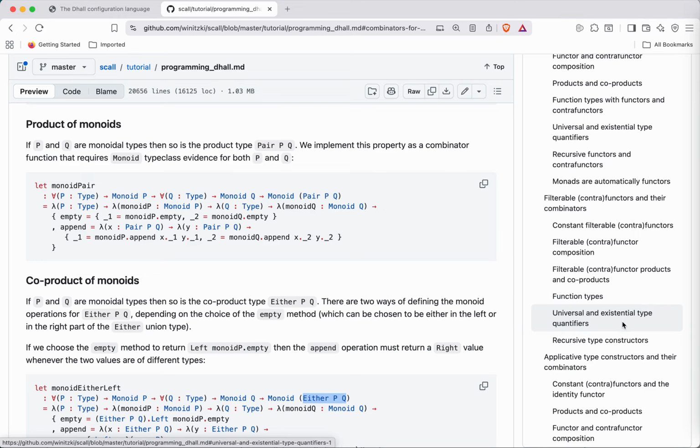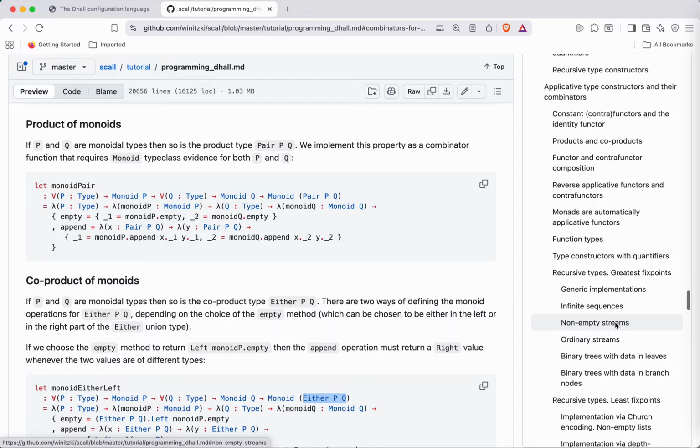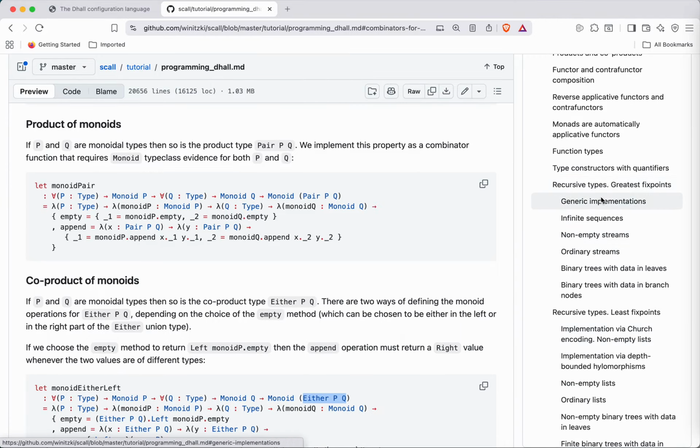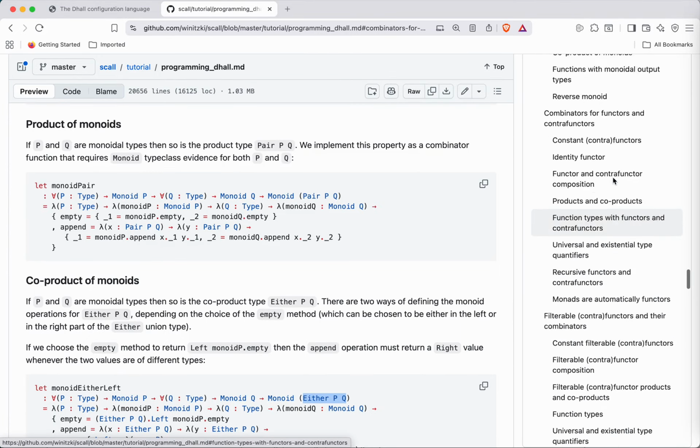So what if you have a recursive type? What if you have a type with existential quantifier? When can that be defined as a functor or applicative or filterable or something like this? So I explore this systematically and then show how to do with greatest fixed points, with least fixed points, everything.